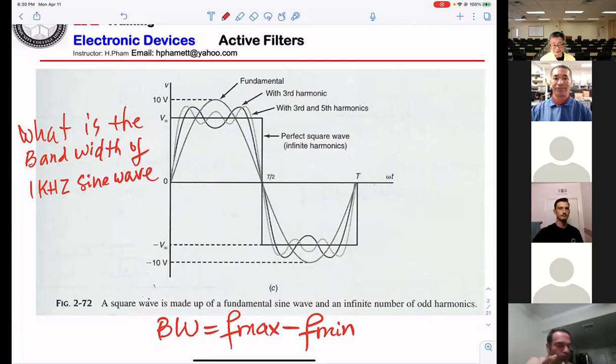Okay, tell me, what is the bandwidth? 1 kilohertz sideways. Who can tell me? This is very, very basic general information you guys need to know.